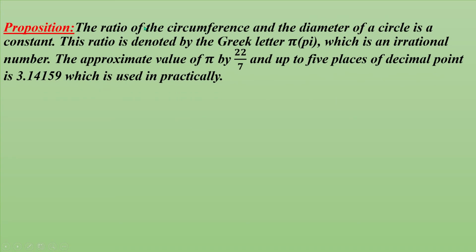Proposition: the ratio of the circumference and the diameter of a circle is a constant. This ratio is denoted by the Greek letter pi, which is an irrational number.